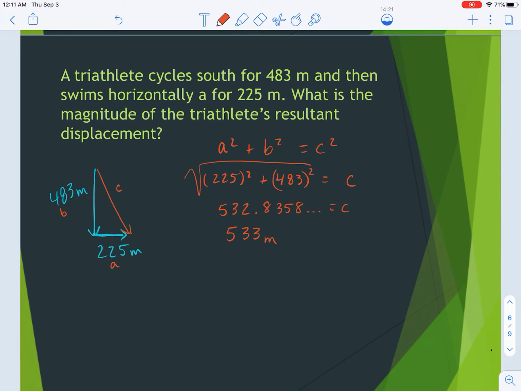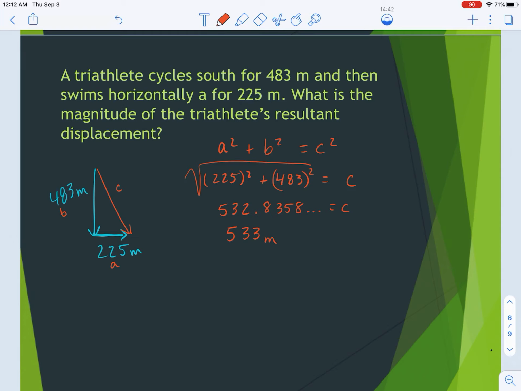Okay, so if my sides are displacements, my resultant is displacement. If my resultant or my hypotenuse is velocity, then the components, or the x and y axes, are also going to be in meters per second for that velocity.